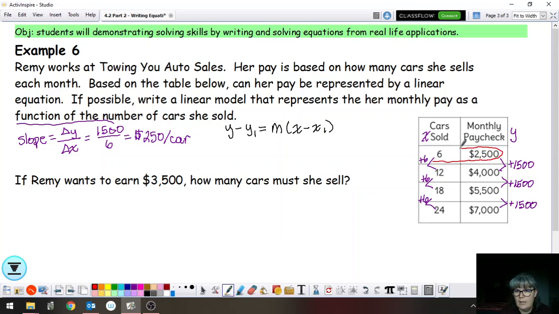So we can start with point slope form. And I'm again going to use the smallest numbers. So we have y minus 2,500 equals 250 times x minus 6. When I distribute the 250, that's 250x minus 1,500.